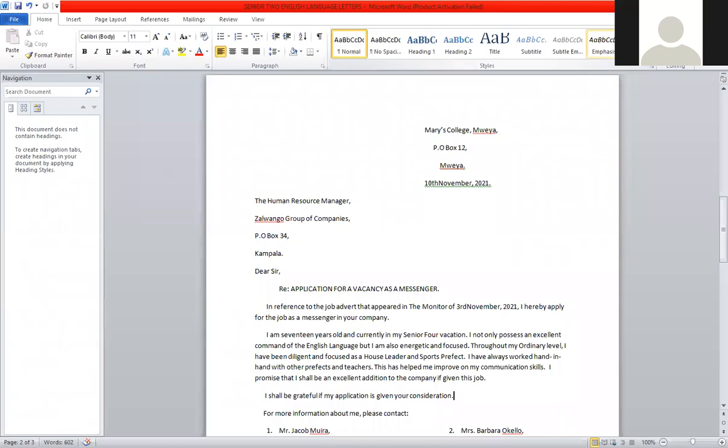But as you're writing in your books, you're not supposed to skip any line other than the one skipped between the sender's address and the date, and between the date and the receiver's address. That is all.